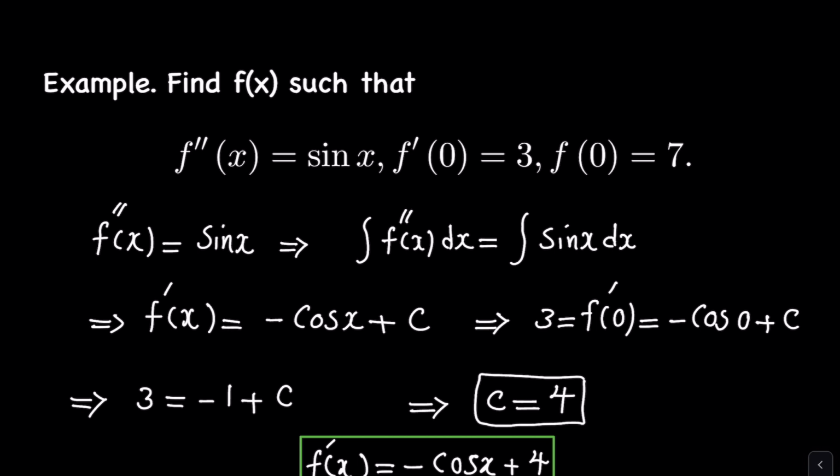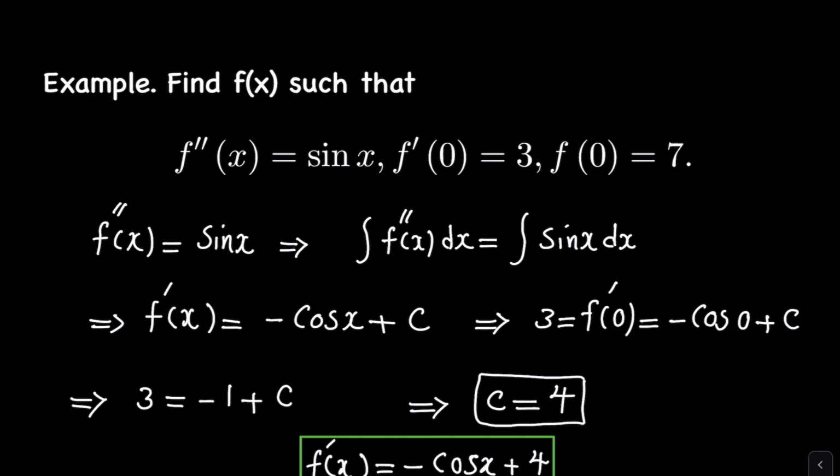Another way to think about this is that integration and differentiation actually cancel each other. When you find an antiderivative, you're basically anti-differentiating. So if you have an integral of f double prime, when you evaluate that, the integral sign will cancel one of these derivatives and you will end up with f prime.